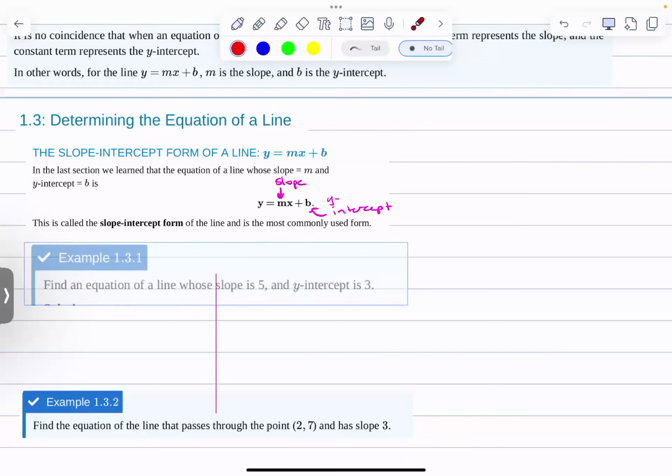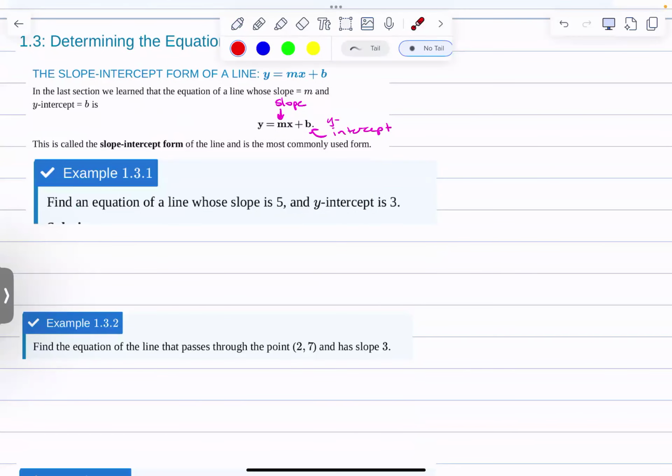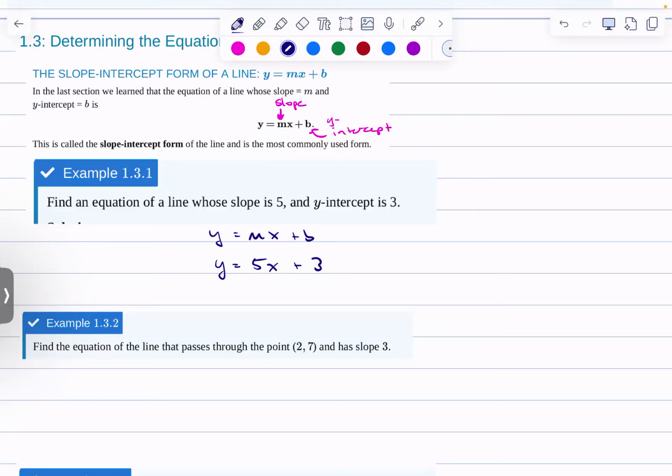Again, we'll start nice and small. What if you have to find an equation of a line whose slope is 5 and y-intercept is 3? You can start with an empty line, y equals mx plus b. We're told the slope is 5. So y equals 5 times x plus, and we're told the y-intercept is 3.